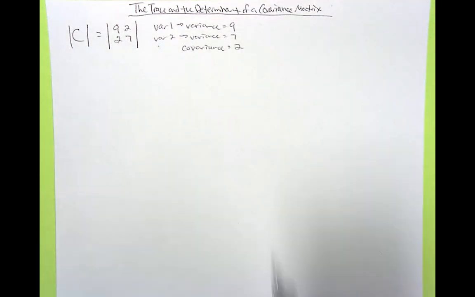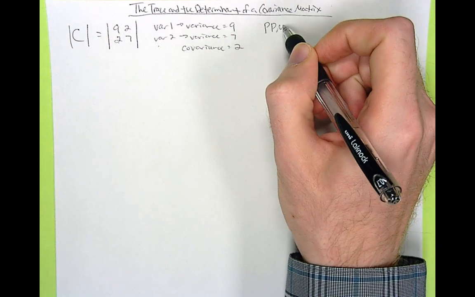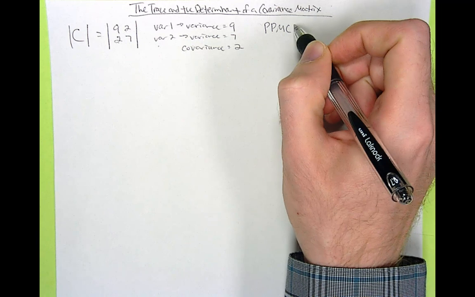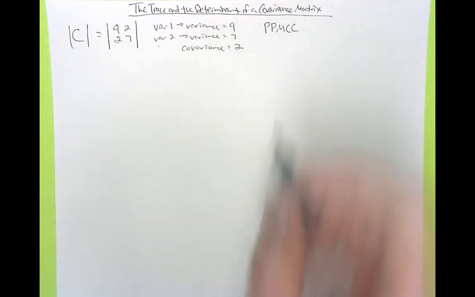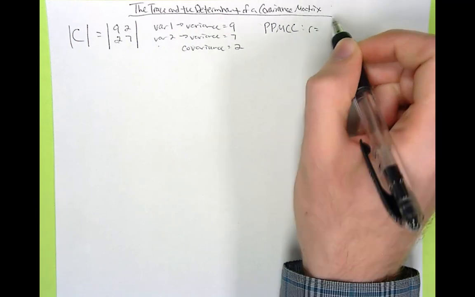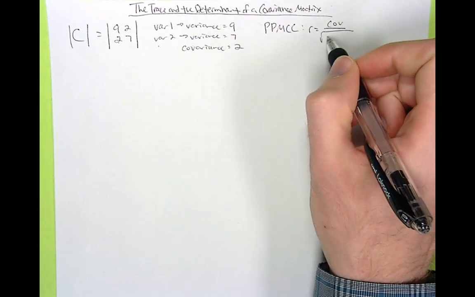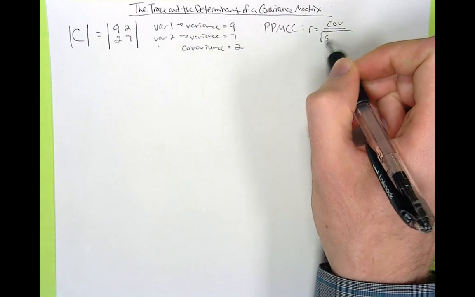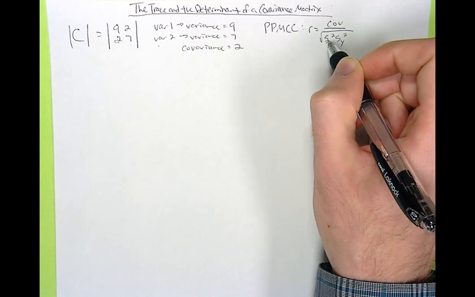So thus the Pearson product moment correlation coefficient, PPMCC, we know is given by this formula. R equals the covariance over the square root of the variance of one variable times the variance of the other variable.